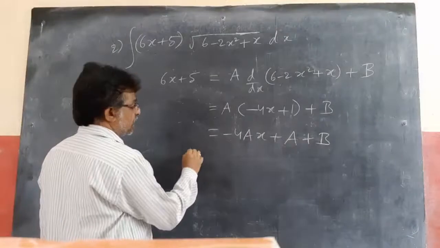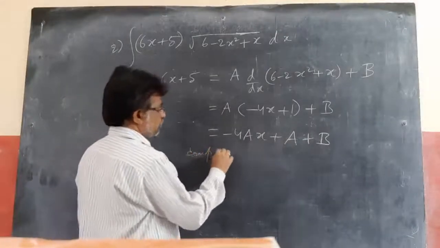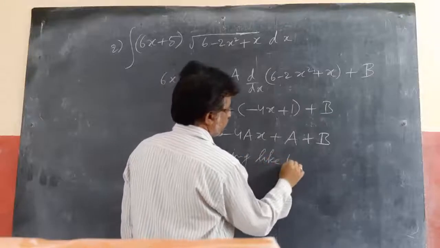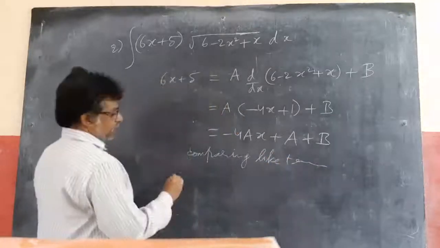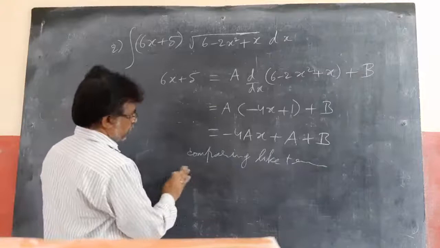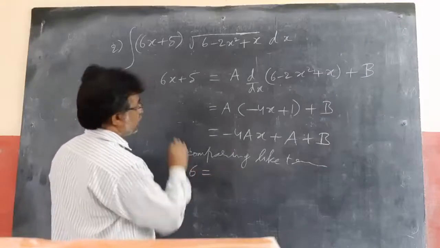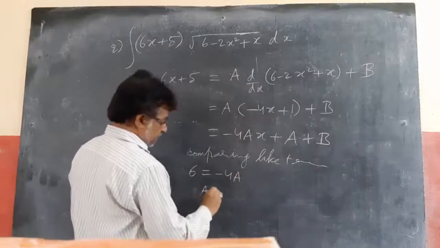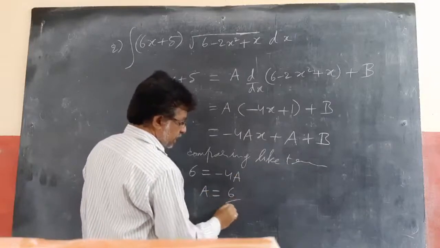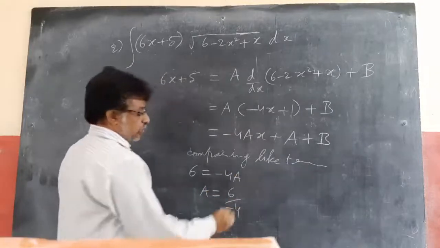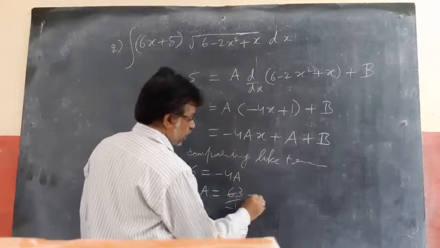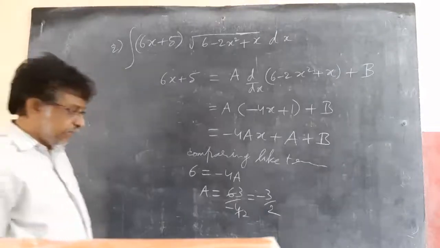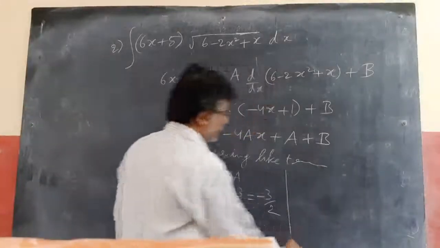Now comparing like terms on both sides. Comparing the coefficient of x, 6 equals minus 4a. So a is equal to 6 by minus 4, which is minus 3 by 2. So a equals minus 3 by 2 by comparing the coefficient of x.